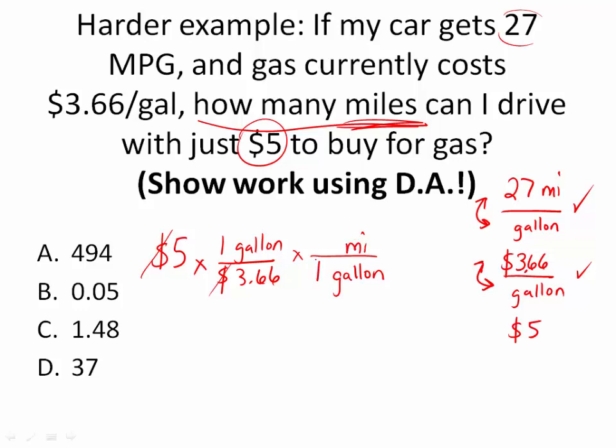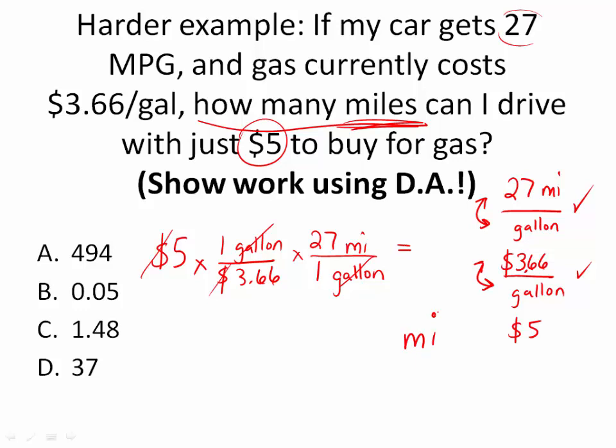And for every 1 gallon, I can drive 27 miles. Do I get to cancel out a unit now? Sure do. Gallons are gone. Am I ready for my equal sign? Do I have the unit I expect and no other units? Yeah, I've got miles. So I can write equals, and I know that my answer is in miles.